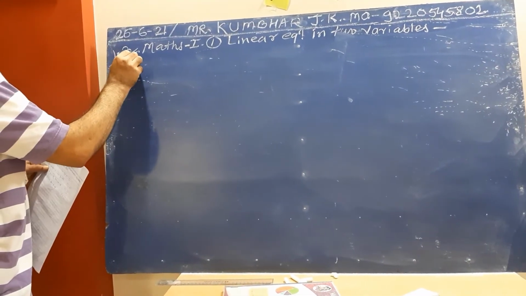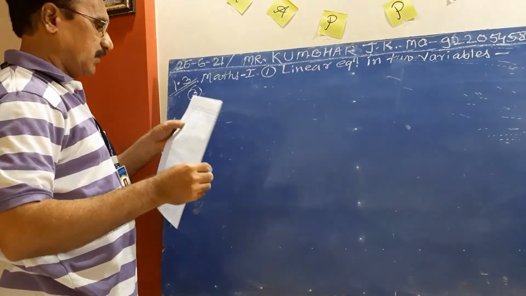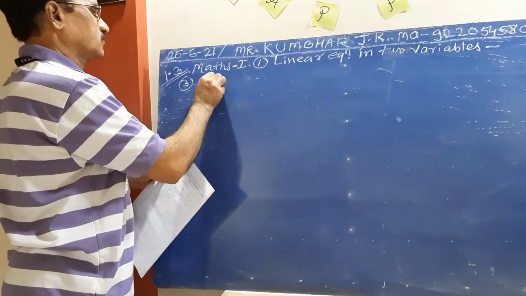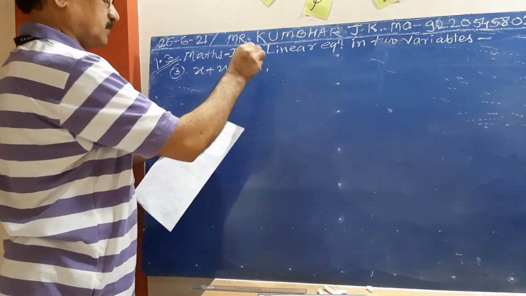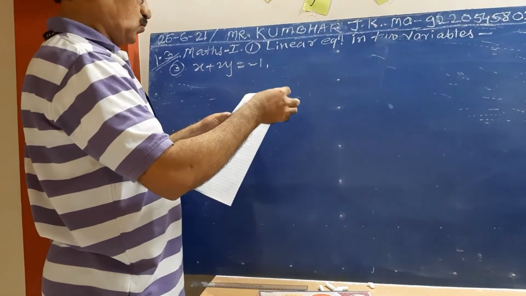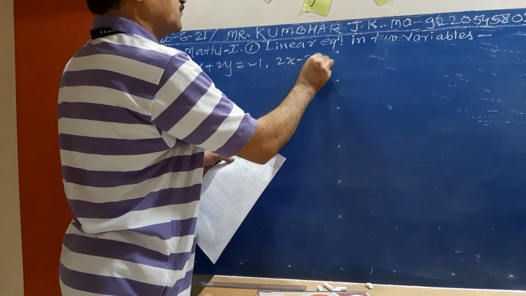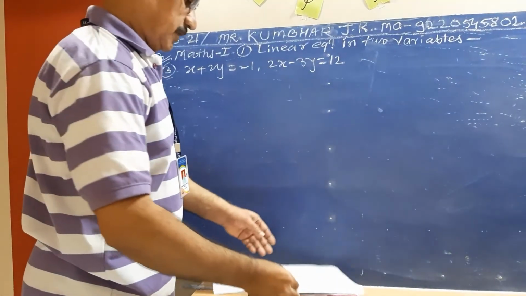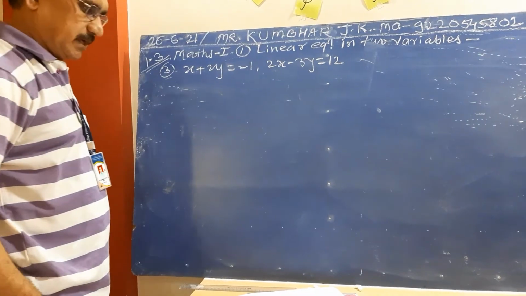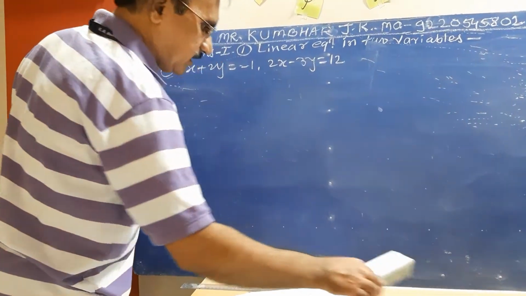This is the third example from practice set 1.3: x plus 2y is equal to minus 1 and 2x minus 3y is equal to 12.